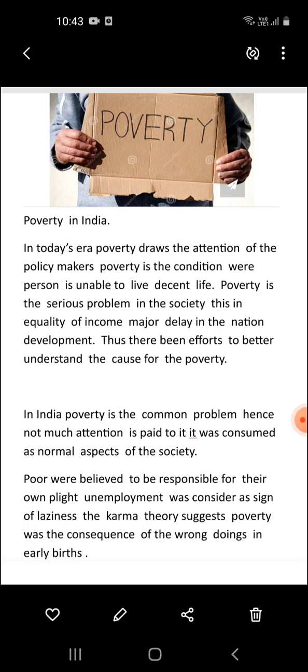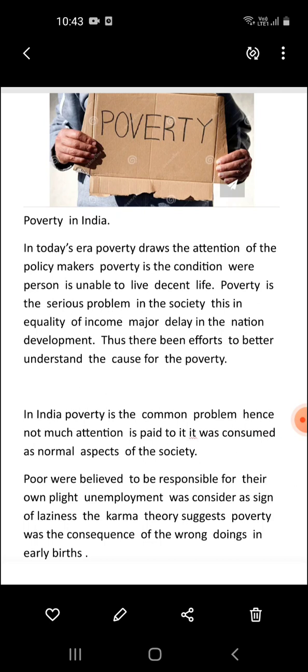It is considered one of the normal aspects of society. Hence, very little attention has been paid to it, because the poor always believe that they are responsible for their own plight. Plight means a difficult situation or a bad situation.